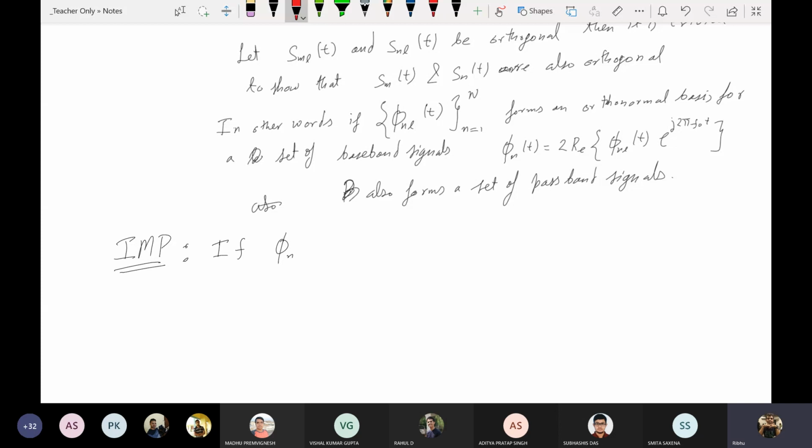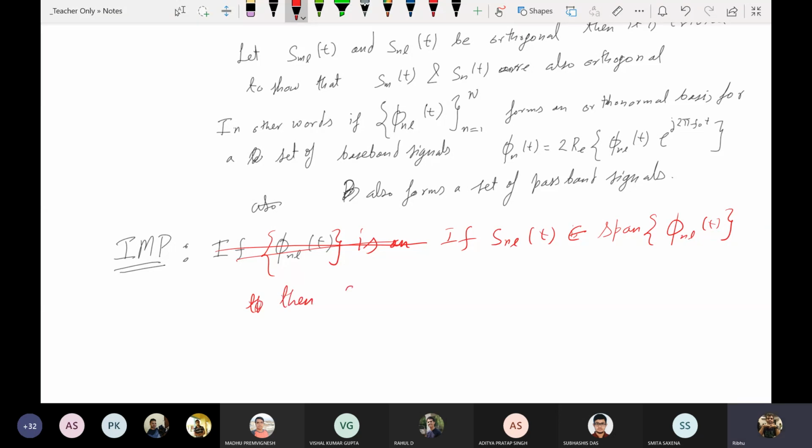If phi_nl(t) is contained in the span of phi_kl(t), then s_n(t) or phi_k may or may not be in the span of phi_k(t).